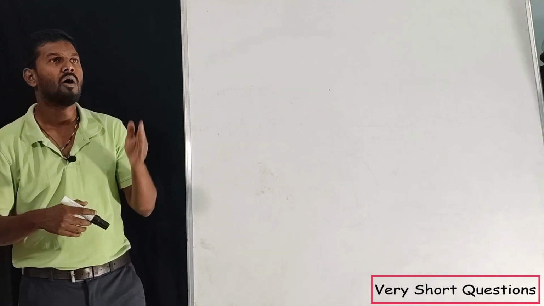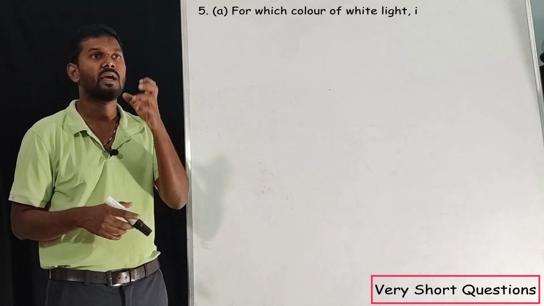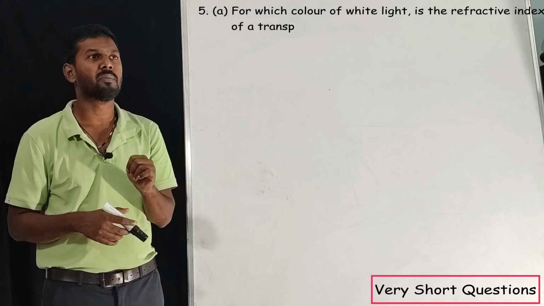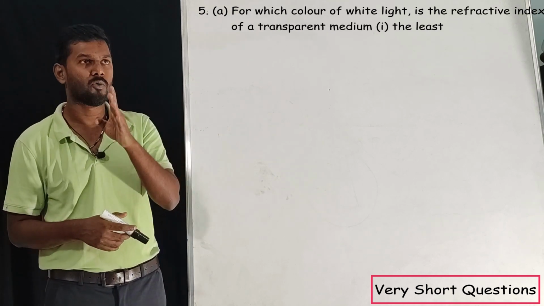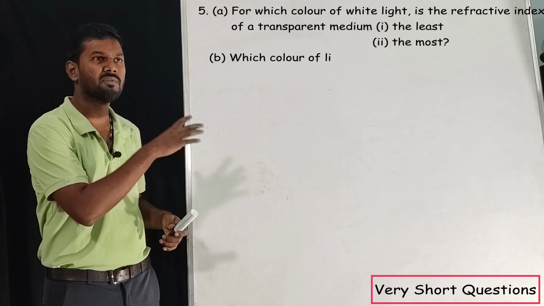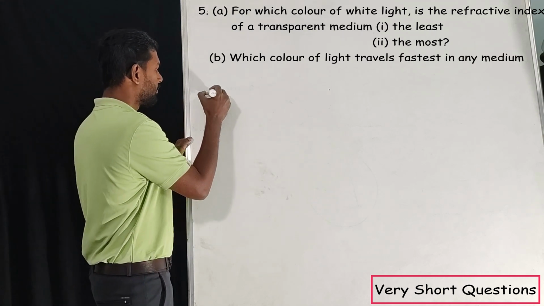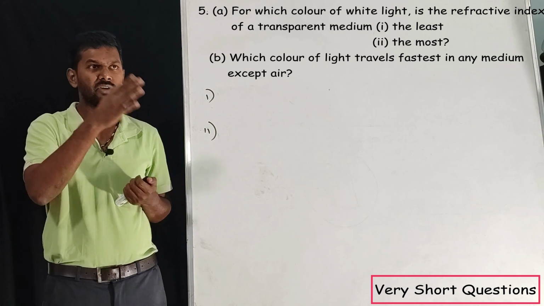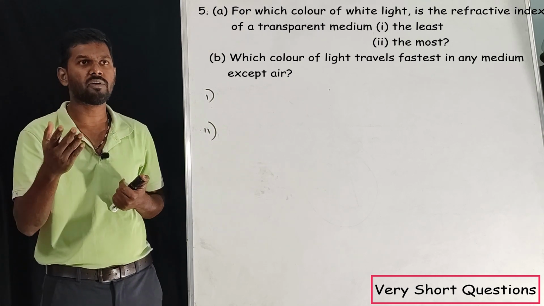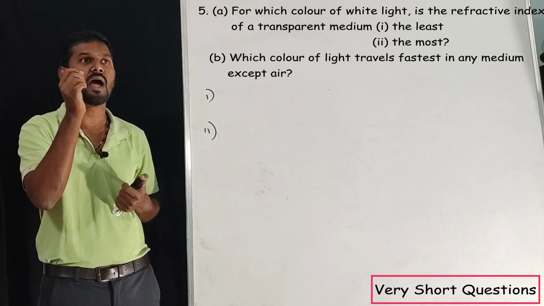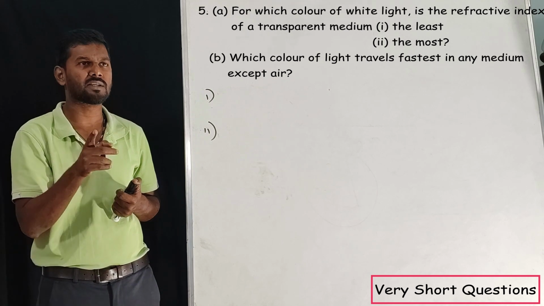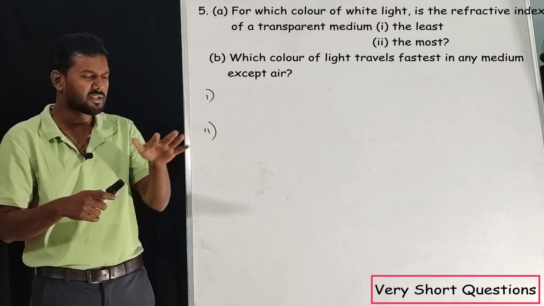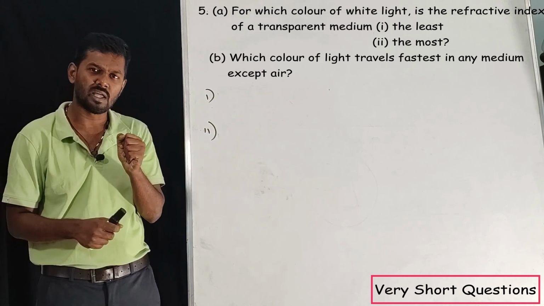Our next question: for which color of white light is the refractive index of a transparent medium least and most? And we have one more sub question. First we'll understand this one. Do you think the refractive index of a medium will change with color?